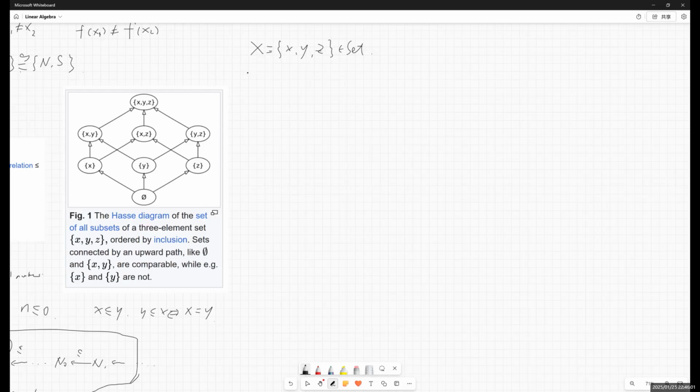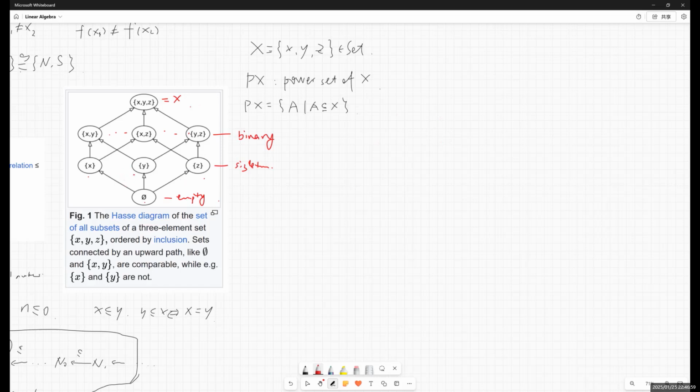And we have P(X) as the power set of X, or we can write P(X) equals any subset of X. So we have 8 subsets: the empty set, X, Y, Z singletons, the binary subsets, and X itself.